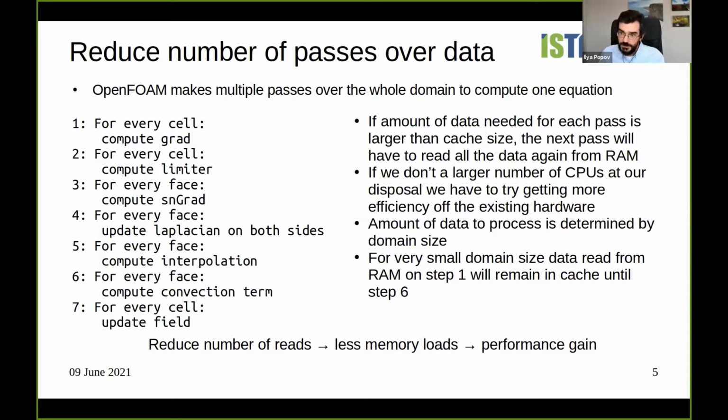The total amount of data we process we cannot change because it's determined by our problem size, by our mesh. But what we can do is divide it into smaller domains.